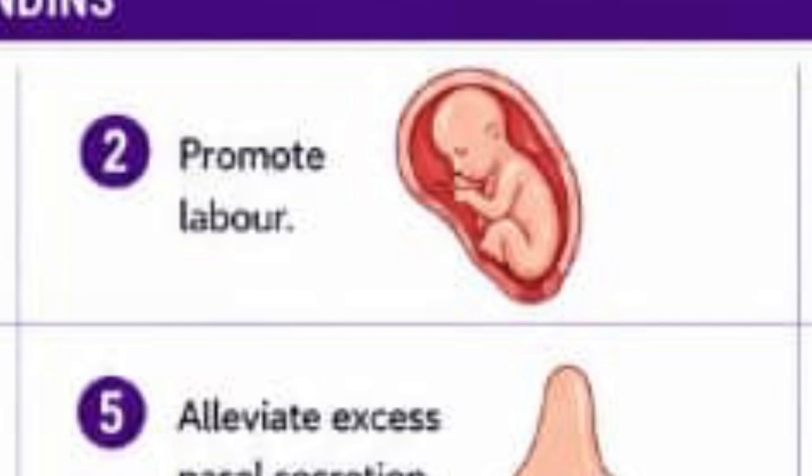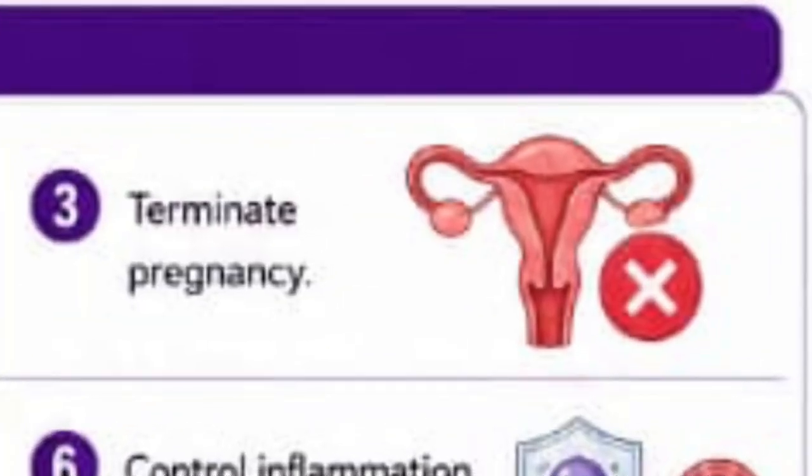So it terminates pregnancy. First of all, it inhibits conception, which means you will not even be pregnant. You will not even be pregnant because, like I said, it increases the uterine contraction, thereby blocking the cervix. So the cervix will be blocked. When the cervix is blocked, what happens?